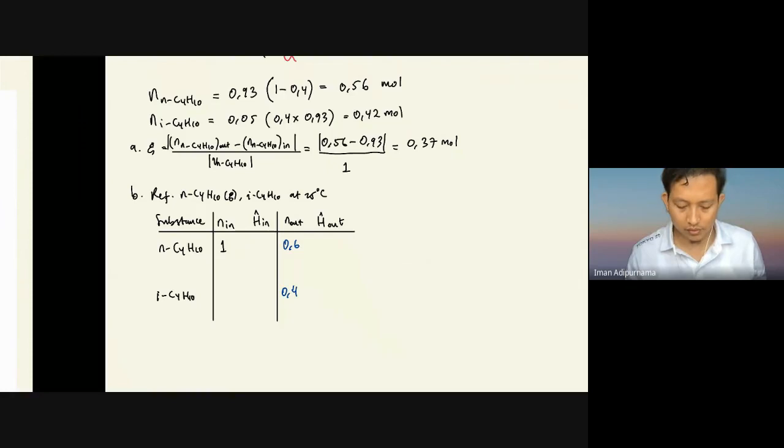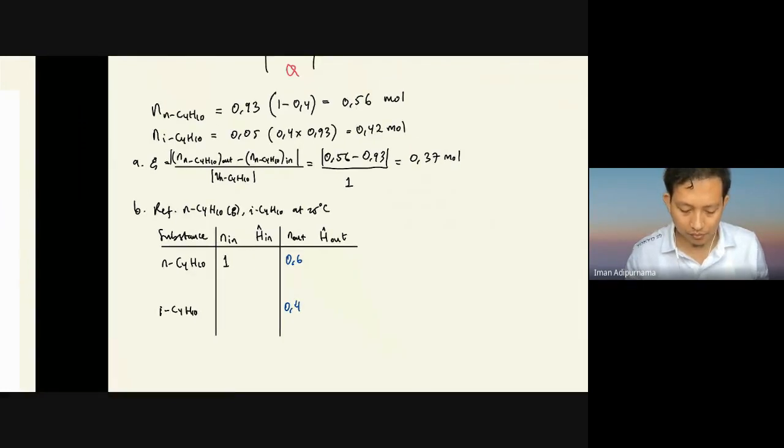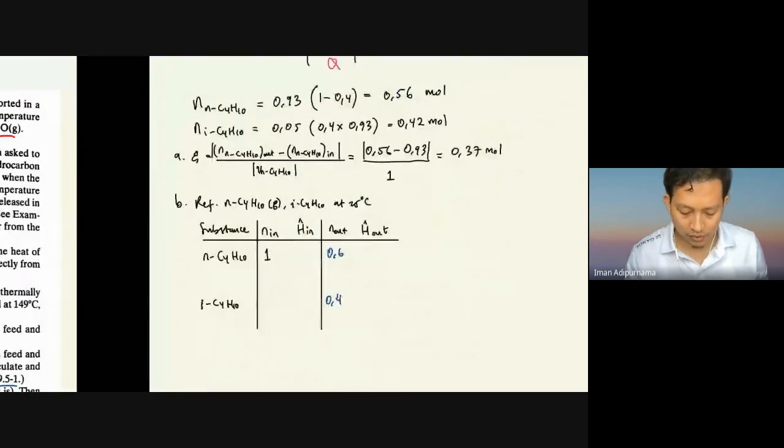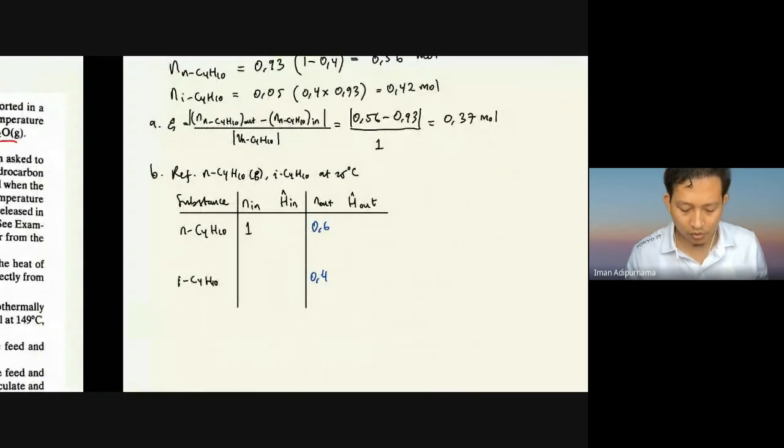So instead of taking the mole as it is, I will take the basis mole and then take the conversion. So this will be H1. This is also H1. This is H2, and nothing here.